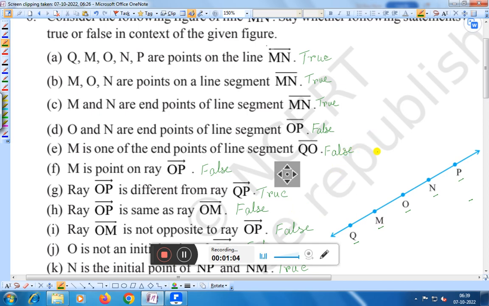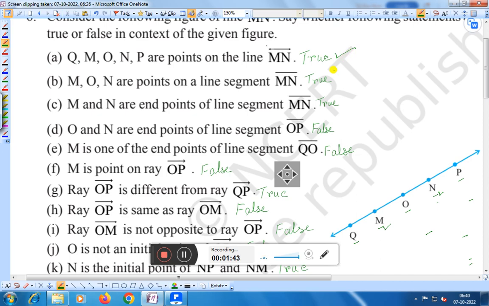This is M. Therefore, all the points Q, M, O, N, P are points on the line MN. That is true. Therefore, the first one is true. Question A is true.